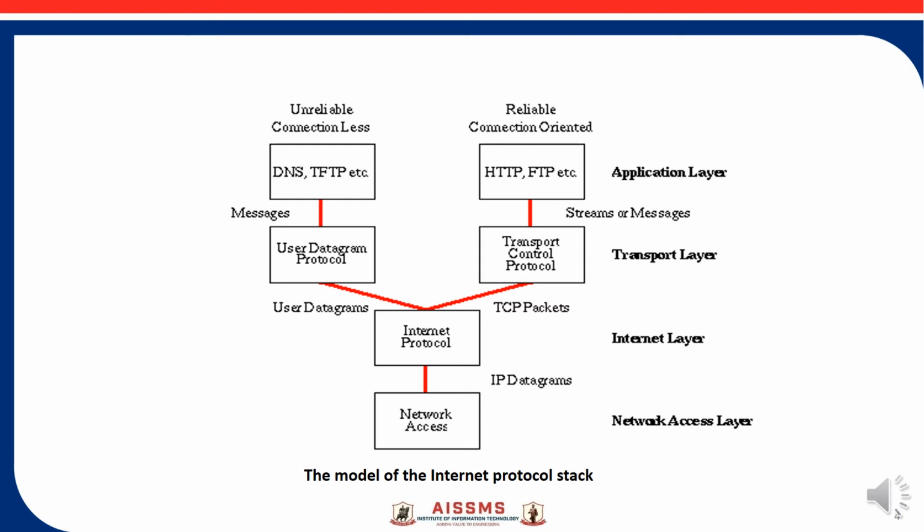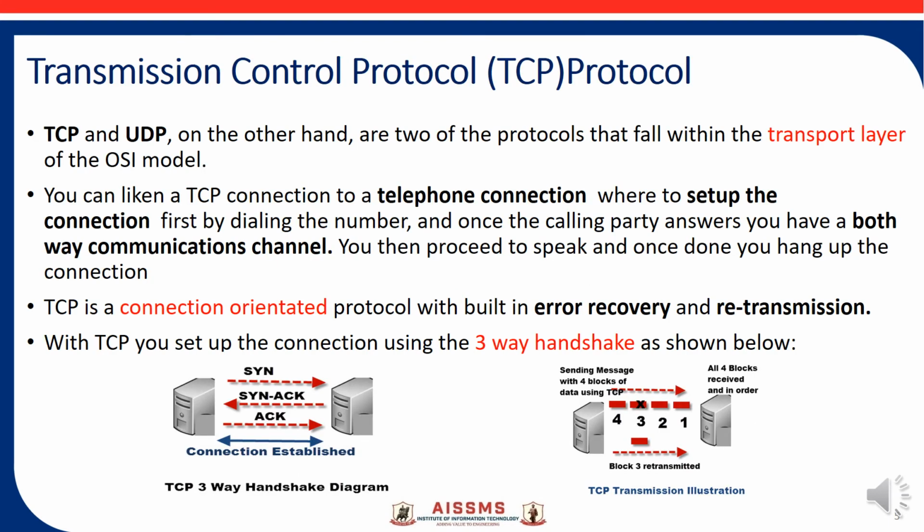We'll study the TCP and UDP protocols. First we'll study the TCP protocol. TCP is nothing but the Transmission Control Protocol. TCP and UDP are the two transport protocols that fall within the transport layer in the OSI model architecture. Now first see about TCP.